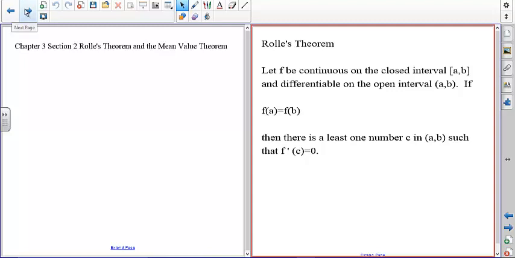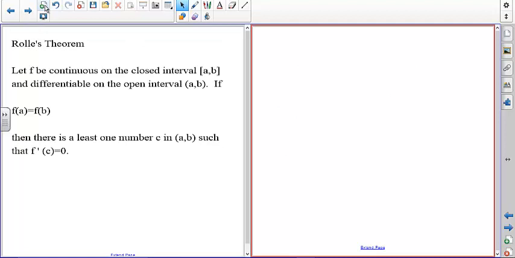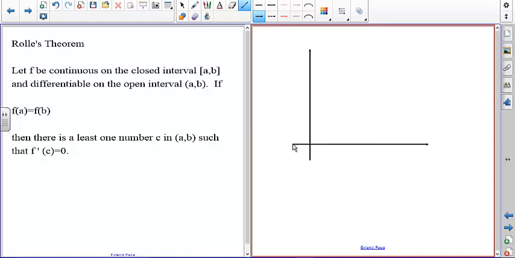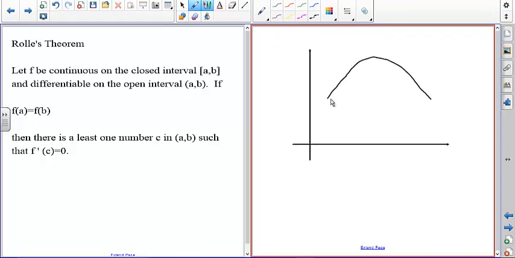Okay, so let's explain what that really means with a picture. So I'm going to draw a picture. Just draw some arbitrary looking kind of function. So here's my axes. Okay, so here's my function. And this is some value of y. So we can extend that out.